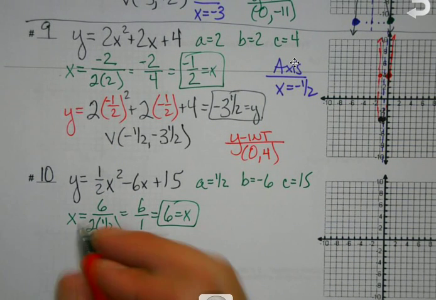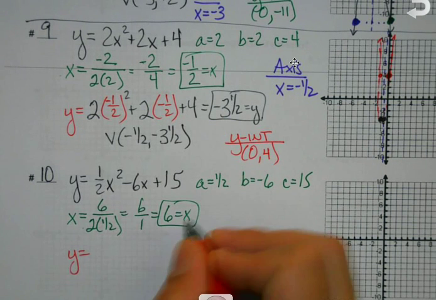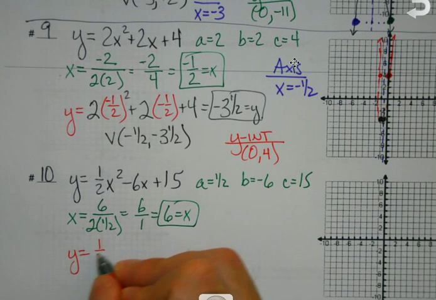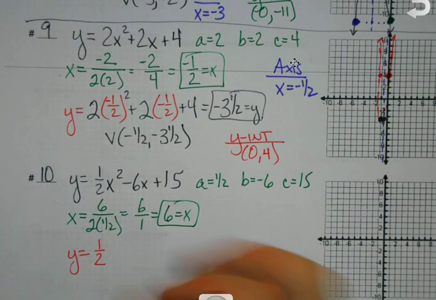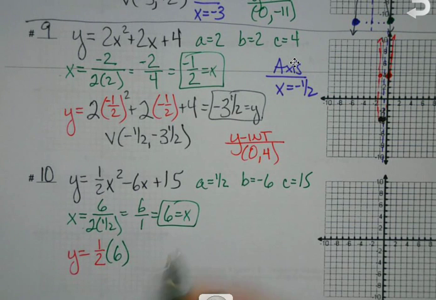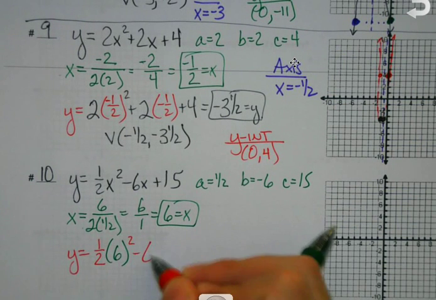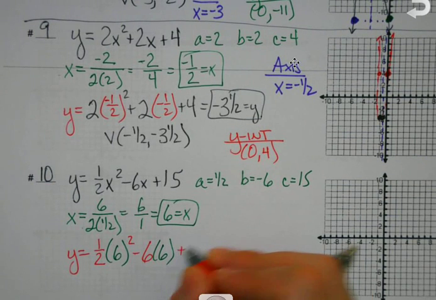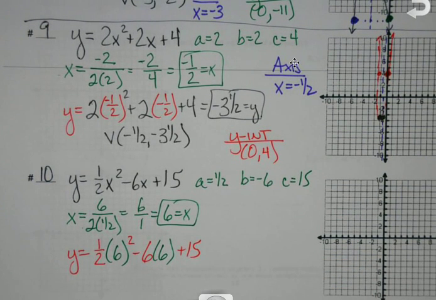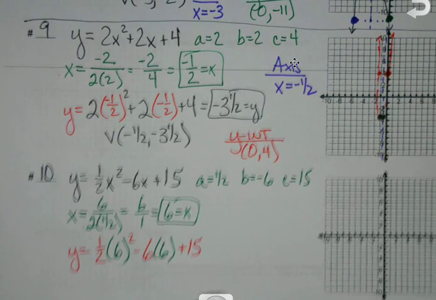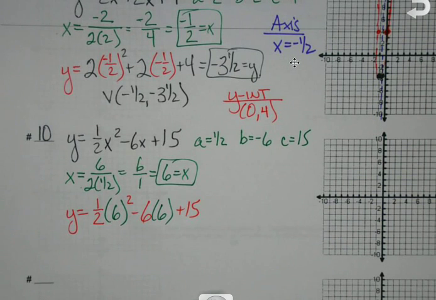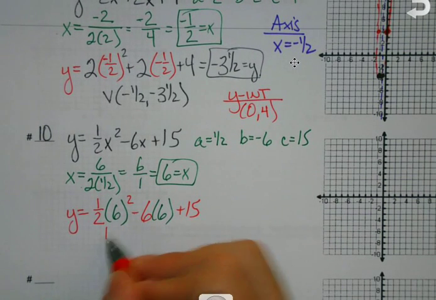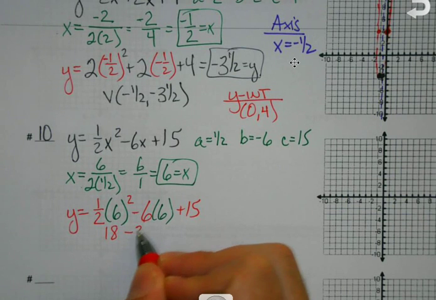Well, that was nice at least. And then again, I plug it back in to my expression. And again, I can pop that into the calculator. I'm actually, I think, going to be brave and try to work this out. 36, half of 36 is 18.